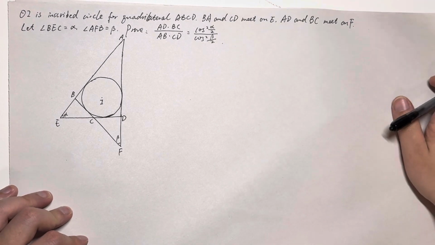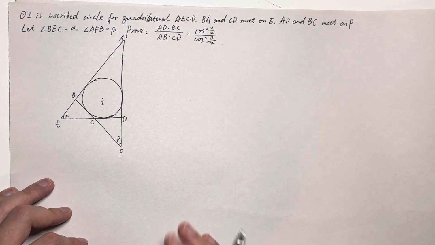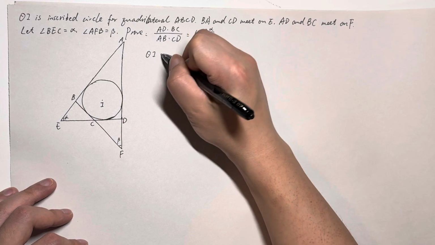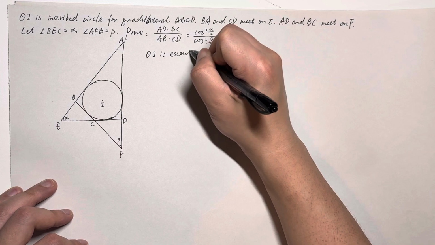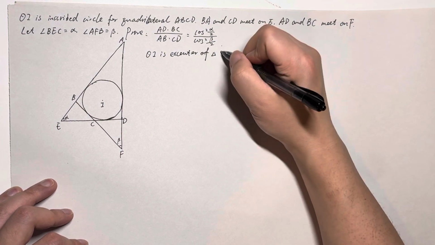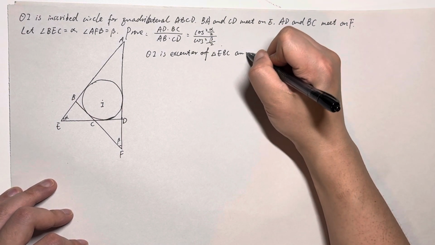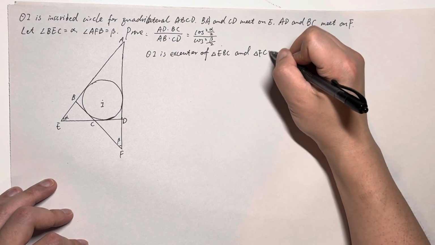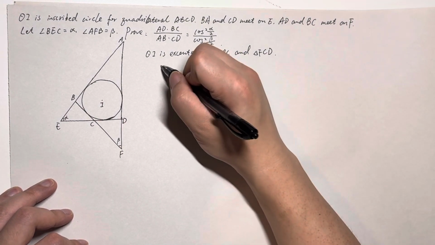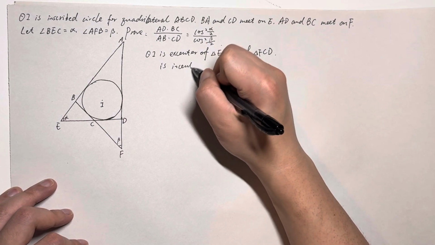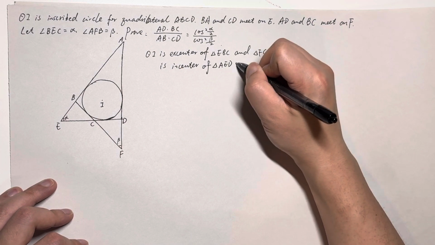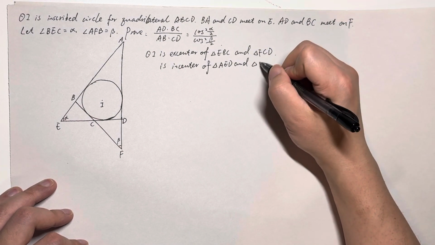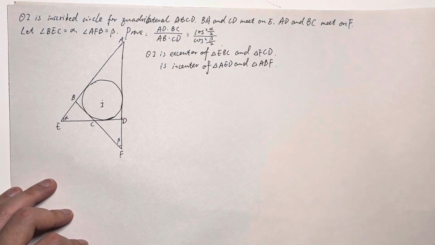So for this problem, the first thing we should notice is that circle I is the excenter of triangle EBC and triangle FCD, right? And also it's the incenter of triangle AED and triangle ABF, right?